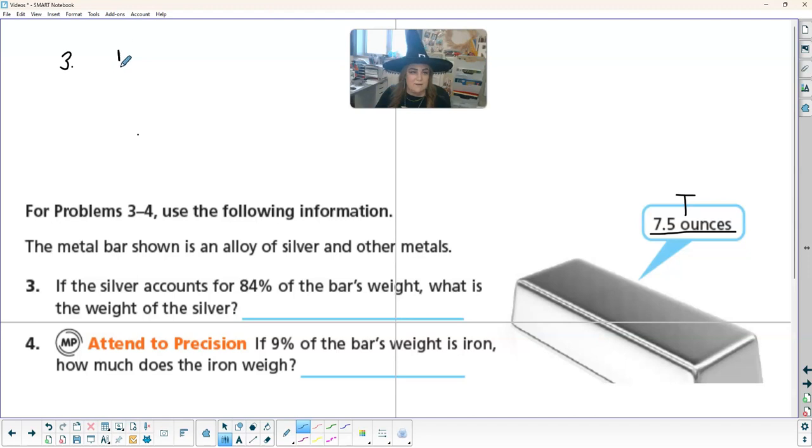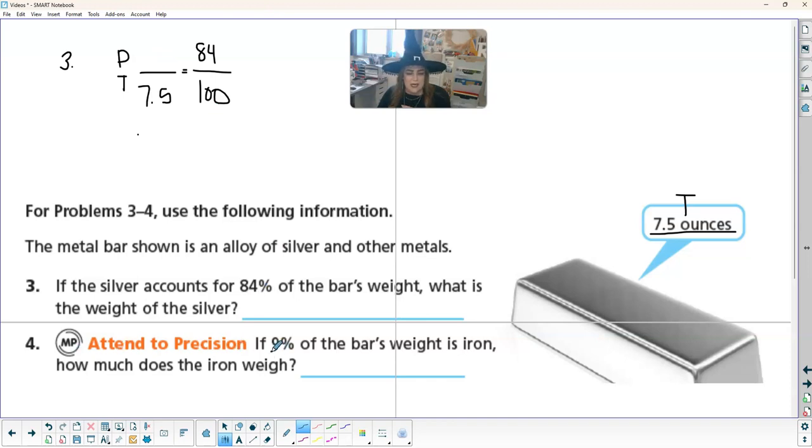We have the part, we have the total. So we need to set up our problem. We know we have 84%, and then the total is 7.5. So 7.5 times 84 divided by 100 will tell me the part that is silver.